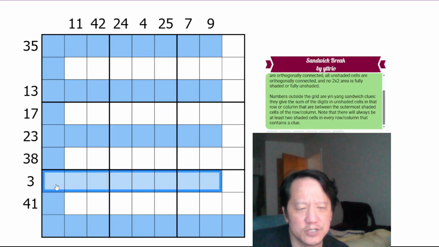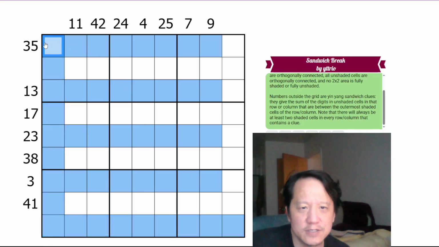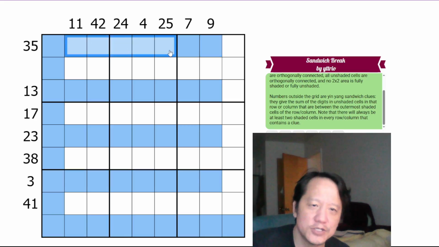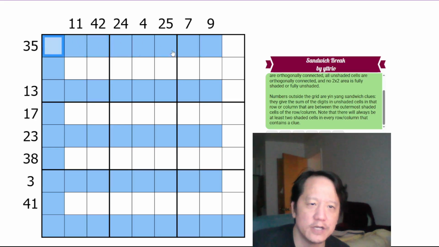So this actually doesn't work at all because of the shading, because there are no unshaded cells between these outermost shaded cells.